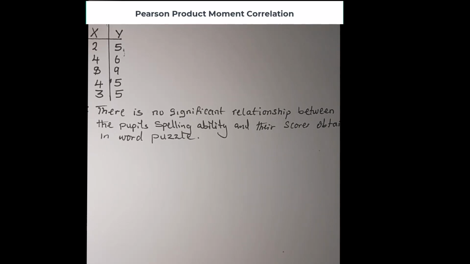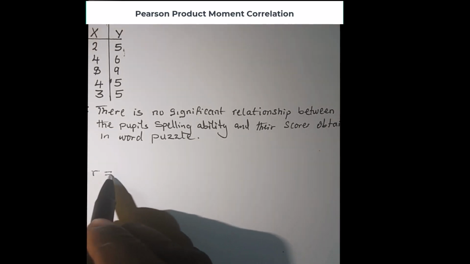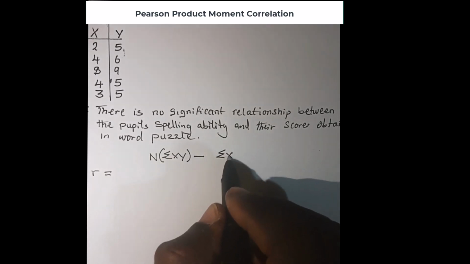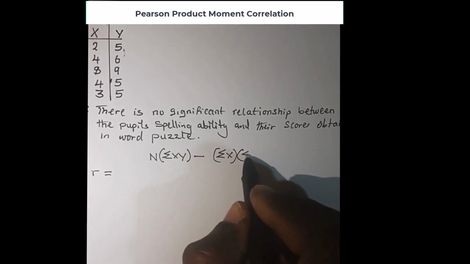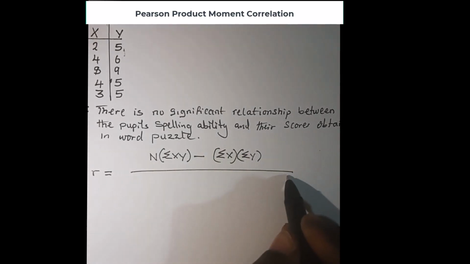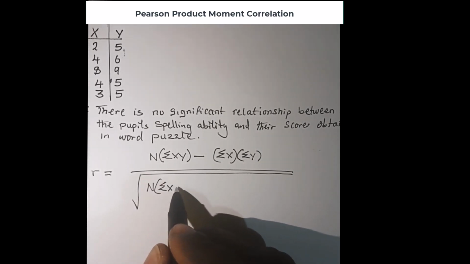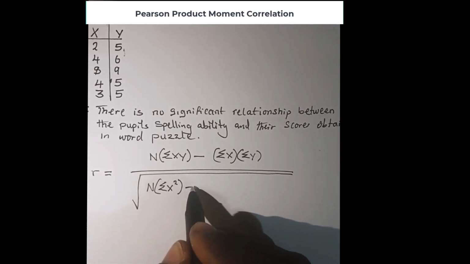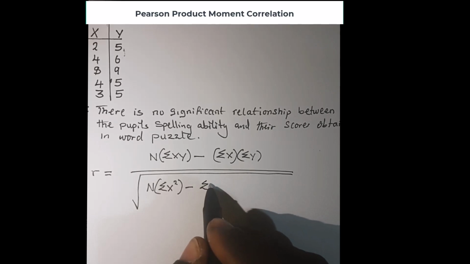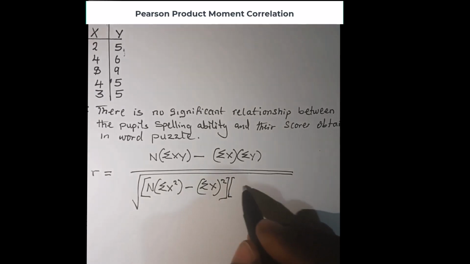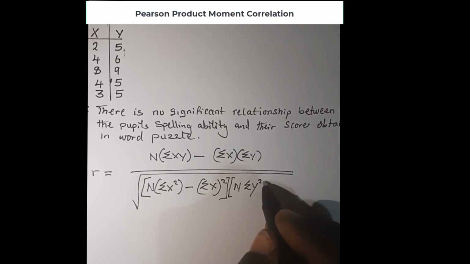And these parameters have to be obtained from the formula, which is given by r equals n multiplied by the summation of the product of the two variables x and y, minus the summation of one variable multiplied by the summation of the other variable, all divided by the square root of the number of samples multiplied by the summation of the square of x minus the square of the summation of x. This will be multiplied by the summation of the square of the other variable minus the square of the summation of the other variable.